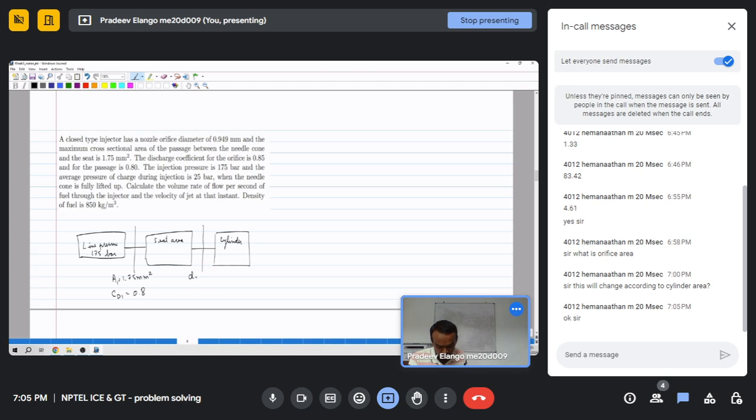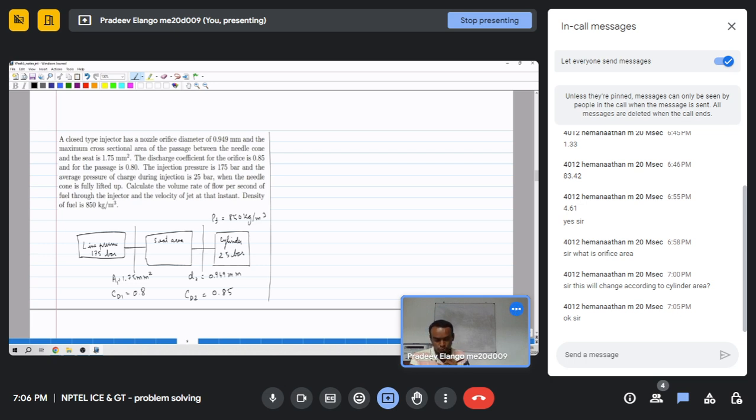D2 is 0.494 mm, but the number of orifices is not given. Maybe it is a single hole injector. And then CD2 is 0.85. And at the cylinder it is given as 25 bar. Density of fuel is 850 kilogram per meter cube.